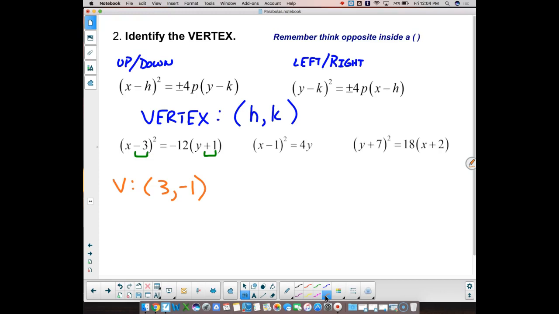Where do you think the vertex is in the middle one? What are we thinking for a vertex in this middle one?